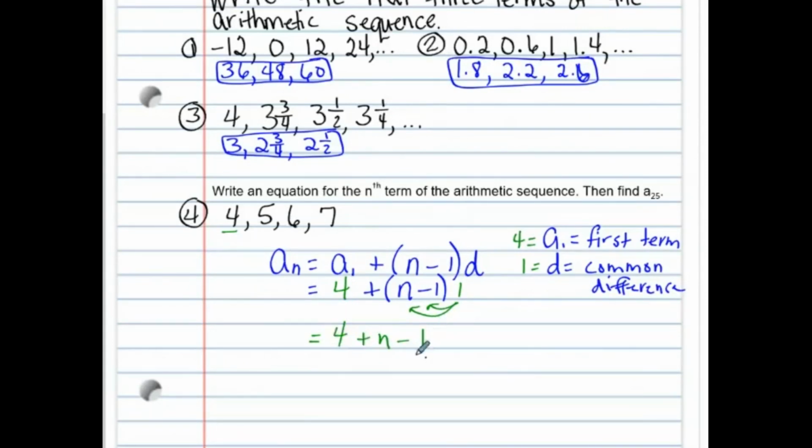So we have 4 minus 1. So we have n plus 3. Okay, so that's our equation. So the a sub n equals n plus 3. This is the equation.